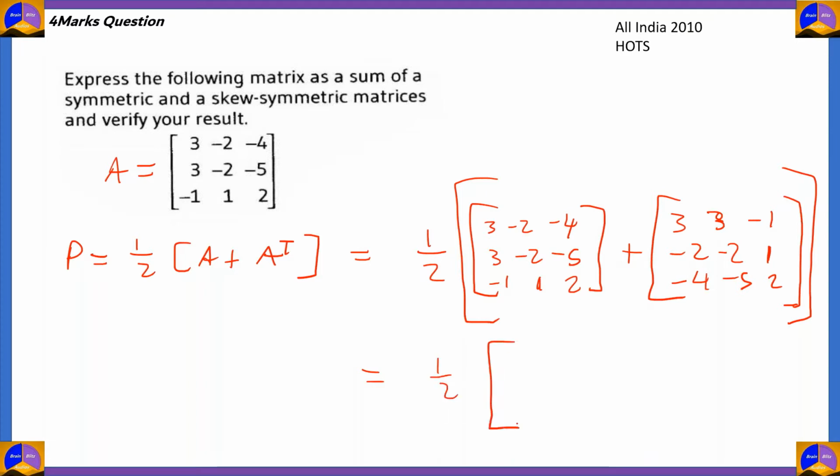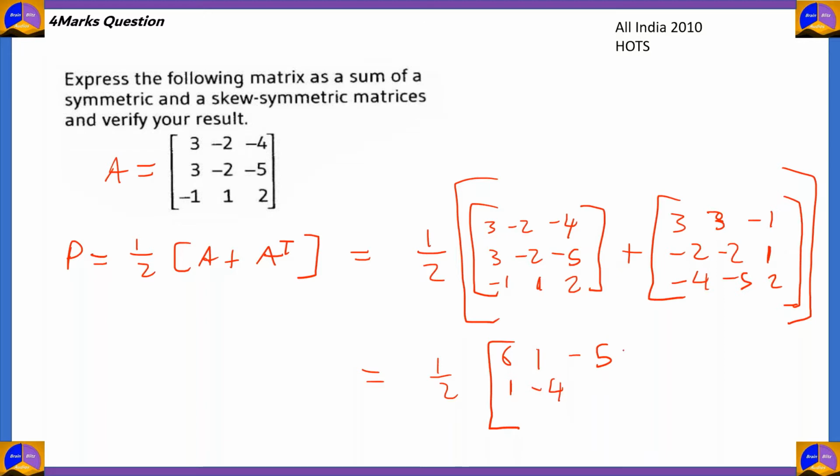Half into 3 plus 3 is 6. That's the first term. So we add each of the terms here. Minus 2 plus 3, that's 1. Minus 4 minus 1, that's minus 5. 3 minus 2, that's 1. Minus 2 minus 2, that's minus 4.